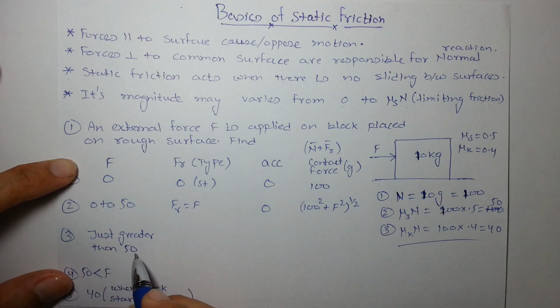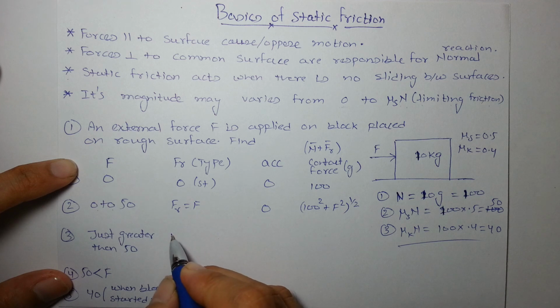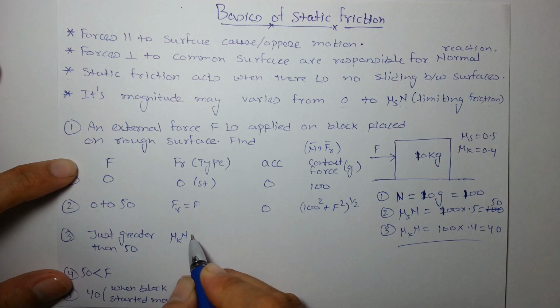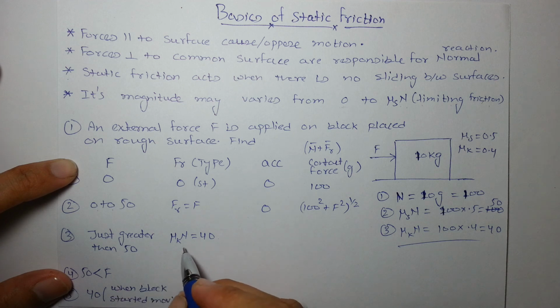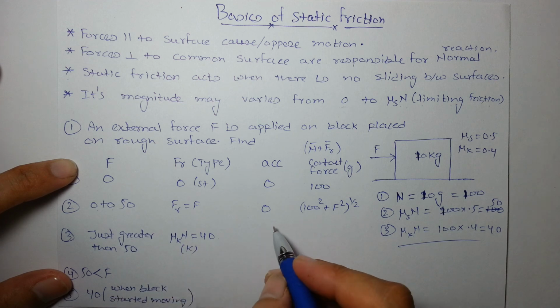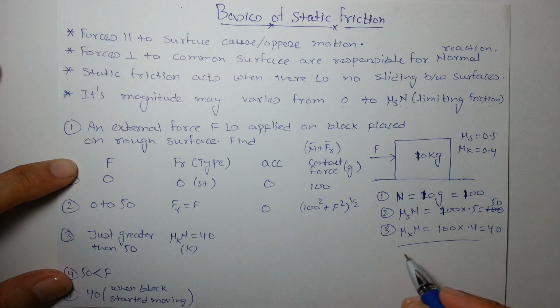If force is just greater than 50, friction will be mu k N, which is how much? 40, and obviously kinetic, and acceleration will be, again, now the diagram will act like this. The applied force is almost 50 or just greater than that.